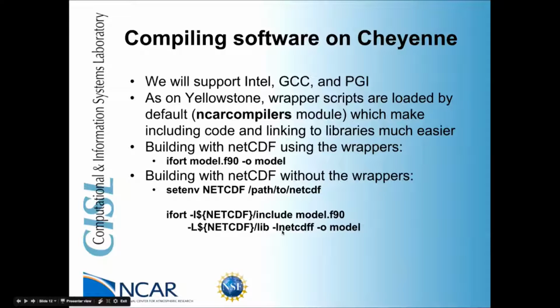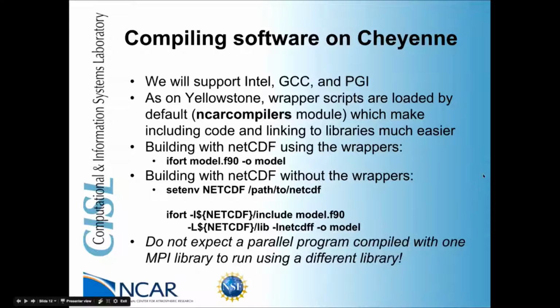I would need to tell the compiler that I want to actually use that NetCDF library. This is the Fortran library, so netcdff. And then again, I'm going to create a binary called model. So you see it's a decent amount more complicated. It's certainly not impossible by any means, but with the compiler wrappers, it's quite a bit easier.